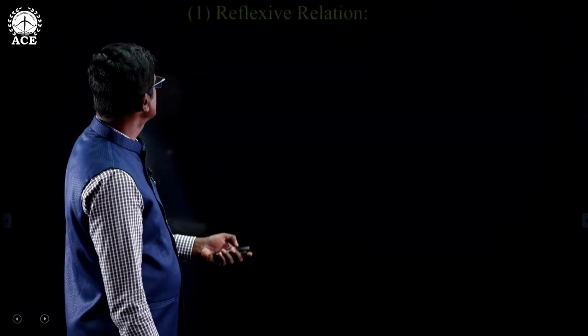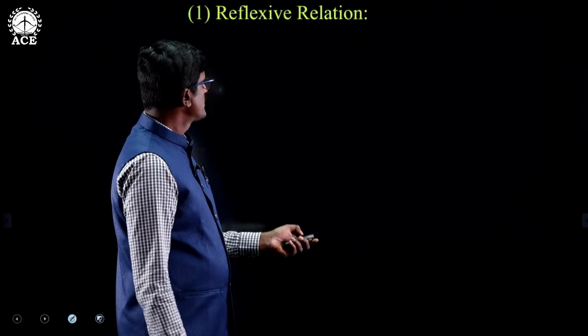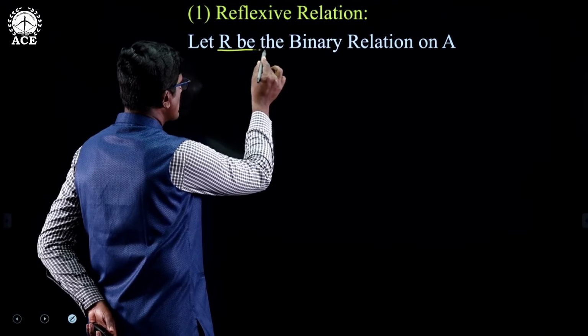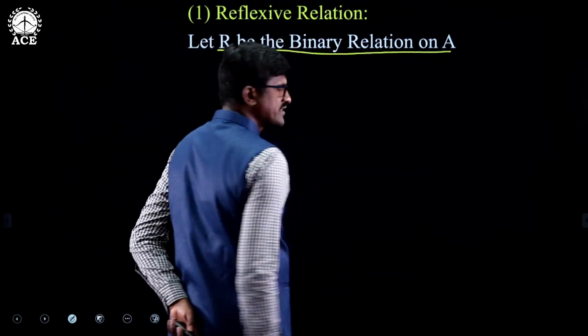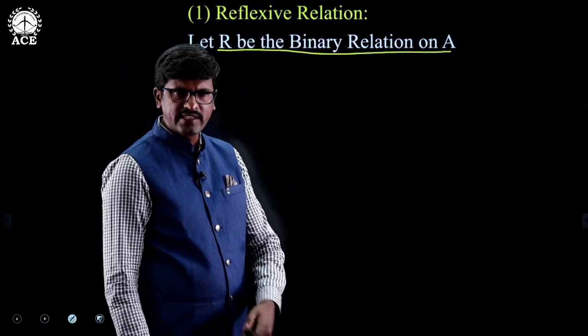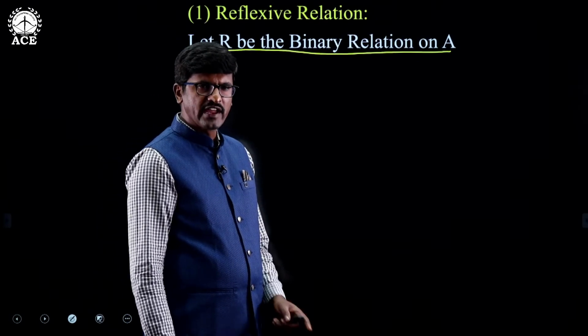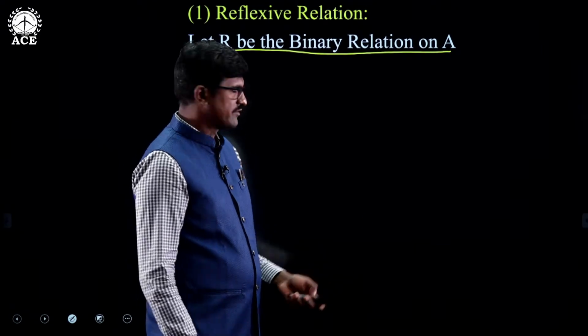So the first one is reflexive relation. Here I am taking R to be a binary relation which is defined on the set A. Just now I explained that a binary relation is a relation defined from set A to A itself.